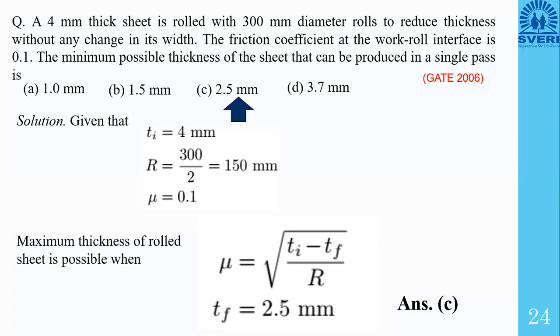Also rolling theory: what is meant by hot rolling, cold rolling, and hot working, that is above recrystallization and below recrystallization, and how the recrystallization temperature is calculated, 0.3 to 0.6 of the melting point. If you keep these key points of this chapter in your mind, then the GATE examples will become very easy. These are not difficult examples, but because of lack of some confidence or knowledge, we are unable to solve them.